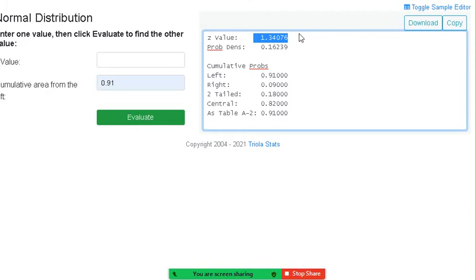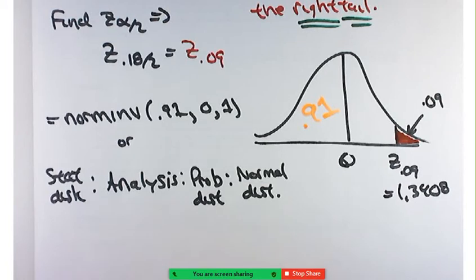Yes. So analysis, probability distribution, and then normal distribution. So the second one is for StatDisk. The first one is for Google Sheets. Yeah, pick whichever one you want.